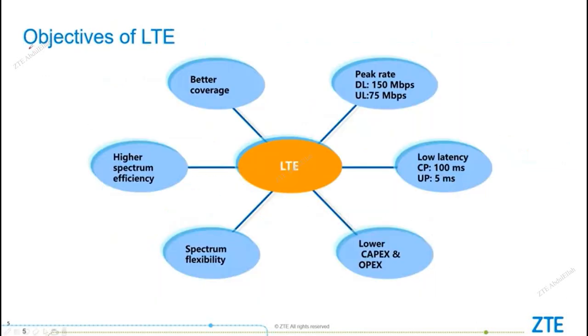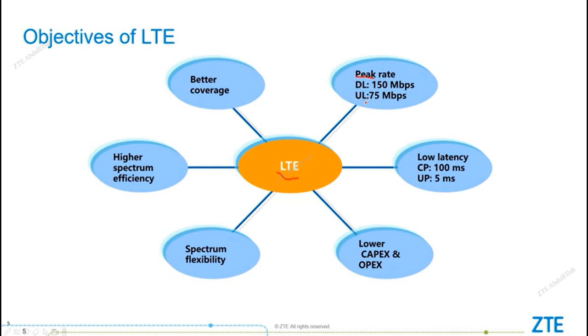And next we can see the objectives of LTE. That means if we want to realize LTE, which values and objectives we should satisfy. Okay, we can see them one by one. First, the peak rate of LTE in downlink should be 150 Mbps and in uplink 75 Mbps.